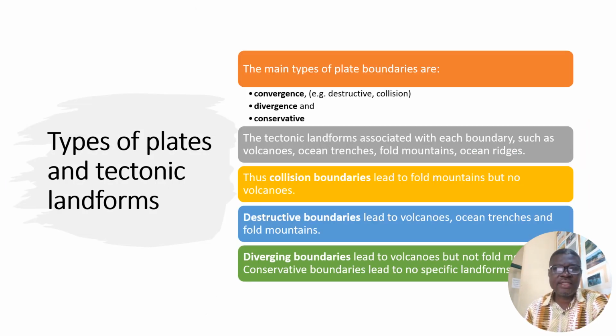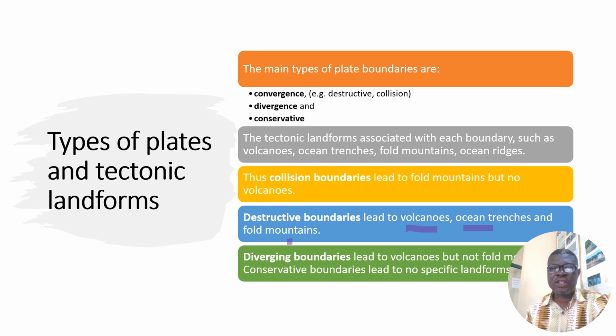The types of plate margins and tectonic landforms, you have already done that. The convergent, divergent and conservative plate margins, you need to note them and find out the type of landforms that are created at these areas. The destructive boundaries lead to the formation of volcanoes, ocean trenches, and fold mountains.